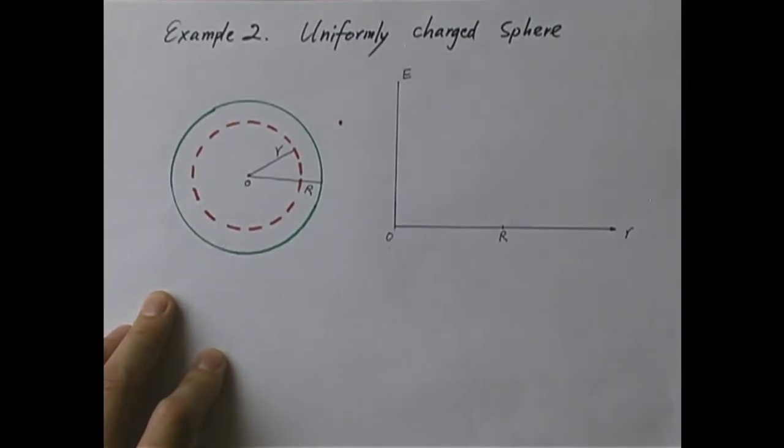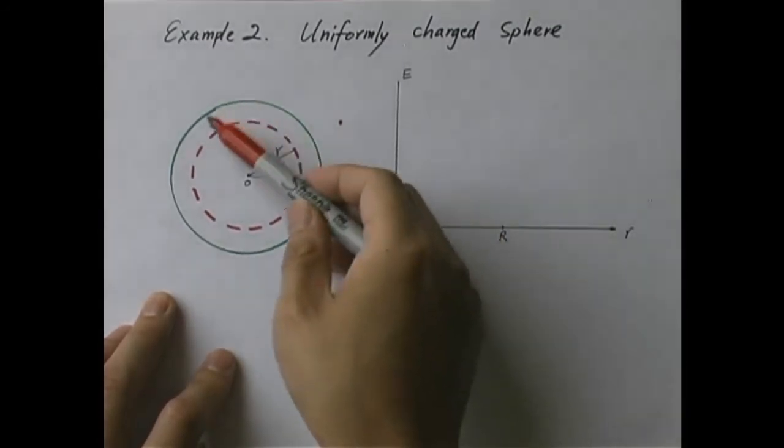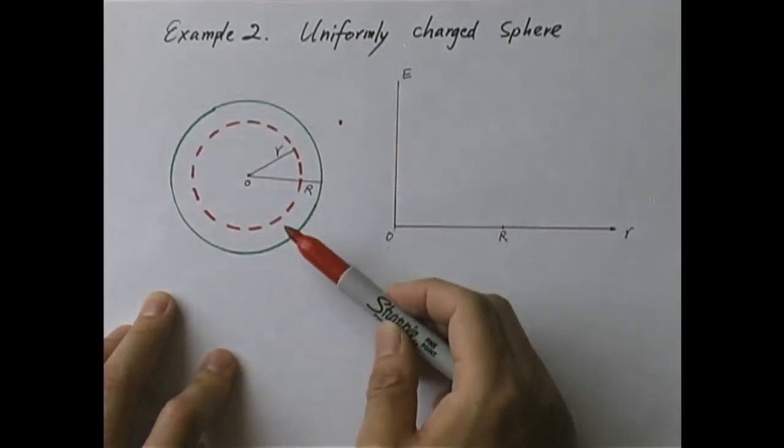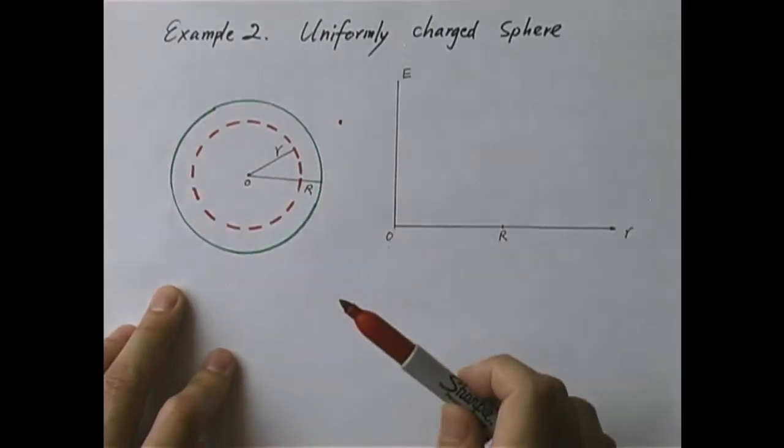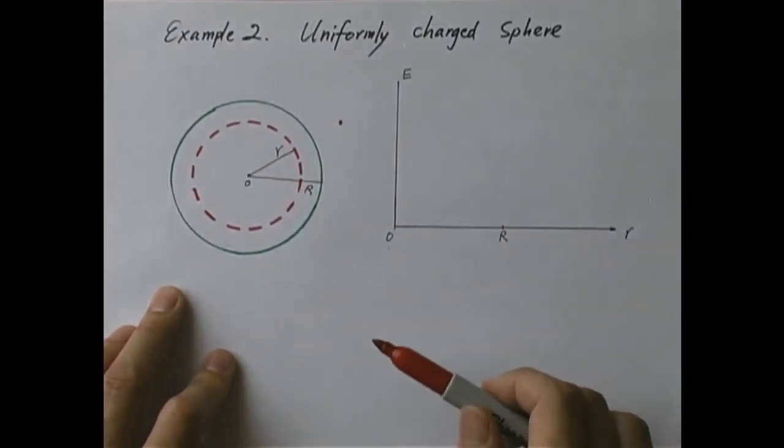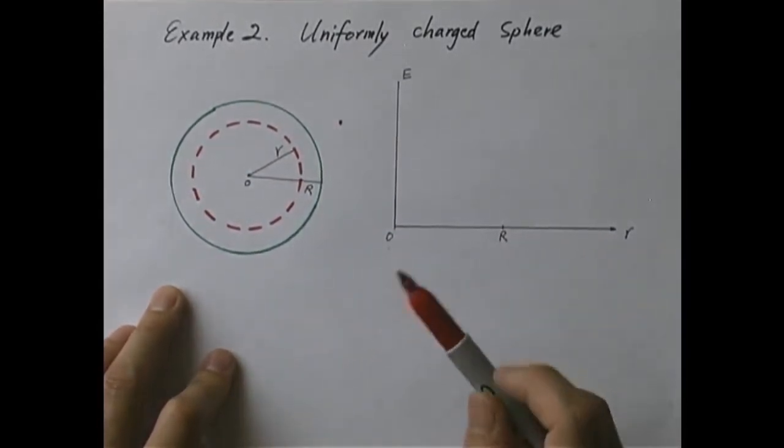What is the electric field there? Well, it's again 1 over 4 pi epsilon naught Q over r squared, and that Q is the total charge enclosed. Does it matter whether that charge is on a surface or is uniformly distributed? No, it doesn't. As long as it's spherically symmetrical, you get exactly the same result.